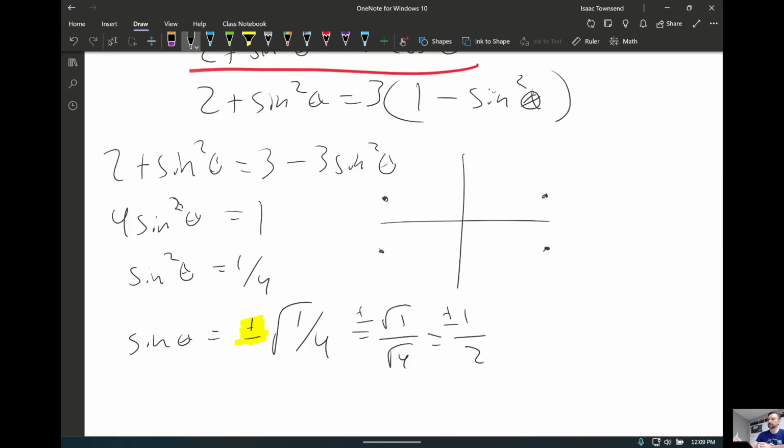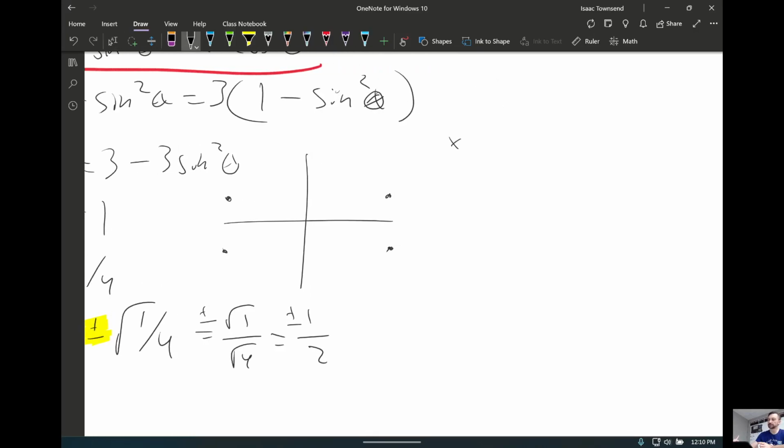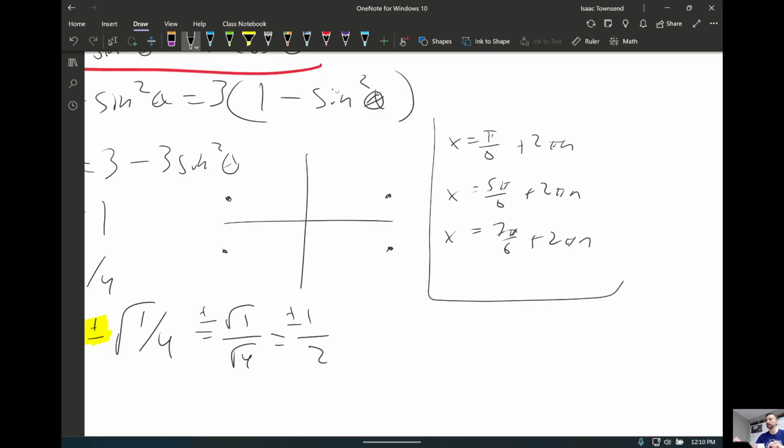But pi over 6, 5 pi over 6, 7 pi over 6, and 11 pi over 6. And then because of the directions, I need plus 2 pi n. And if I try to check them, I think all of those are actually fine. I don't think any of them are extraneous this time.